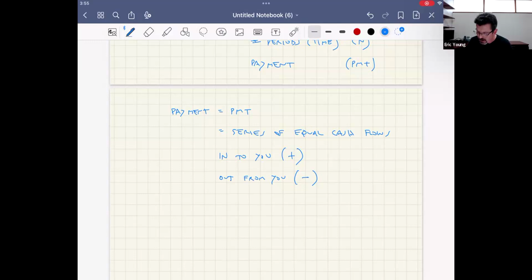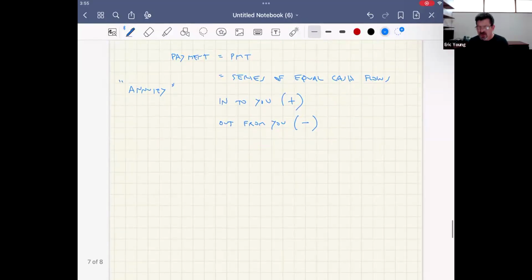One final term that you want to know is the term annuity. Annuity refers to a situation where there's payments being made. So when you hear the term annuity, know that annuity goes hand in hand with payments because an annuity is just a setup where there's a PMT coming in or going out over time. Okay, so those are some basics.